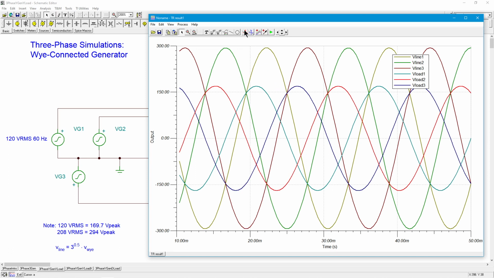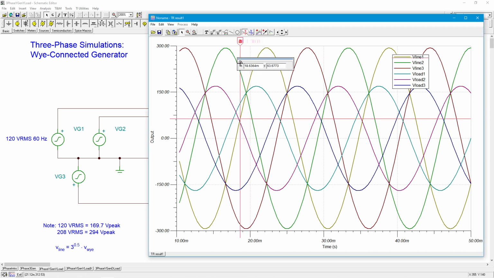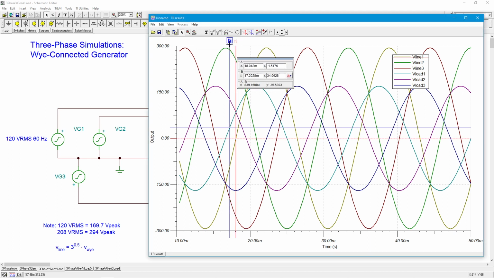We can even go in and check the 30-degree phase shift I was talking about, right? So if I take this, I'm just going to bring this down to, well, I can't get it exact, but close enough. So let's just check these two, try to get them right around 0.